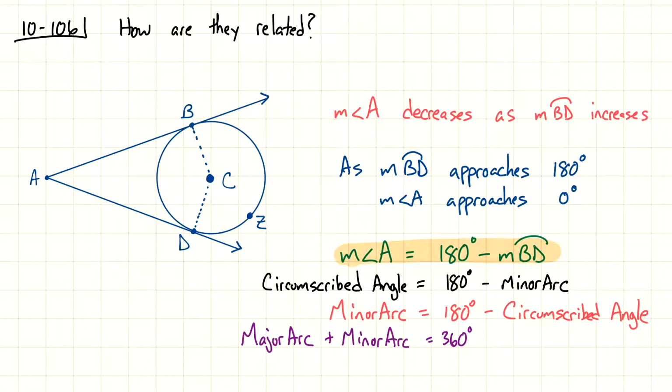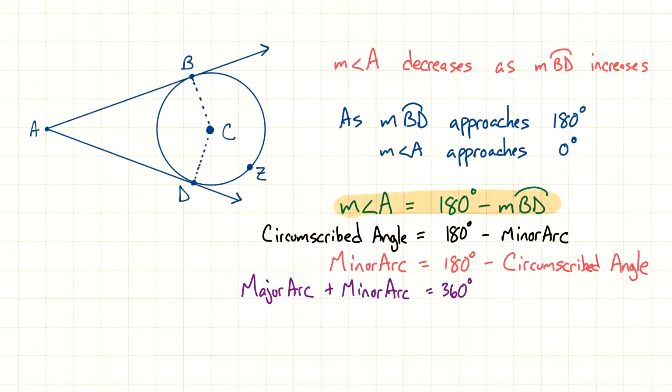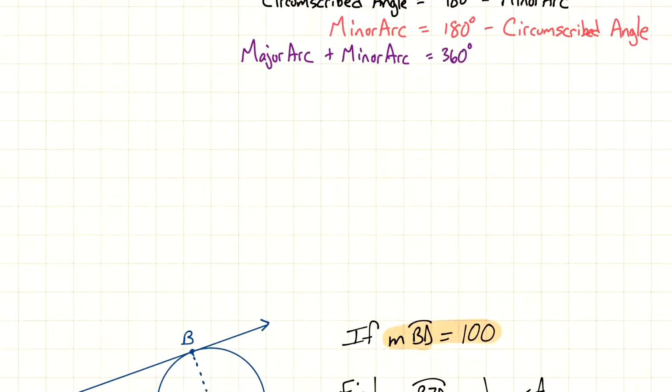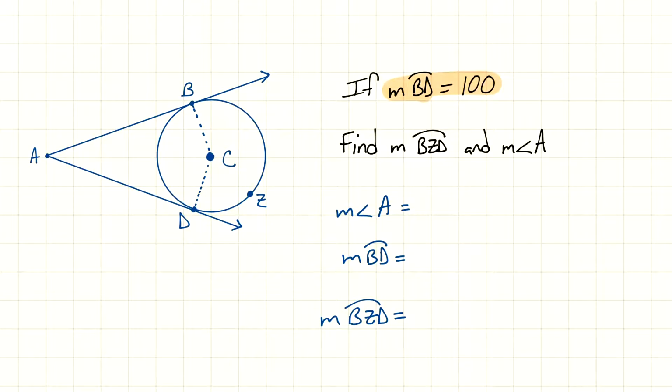All right, so that's an overview of what we're going to be practicing. It's a lot simpler when we actually try it with numbers. So let's look at this with some numbers, and this will be similar to what an actual test question might look like. I'm going to give you one piece of information, and let's see if you can tell me some of the other info.